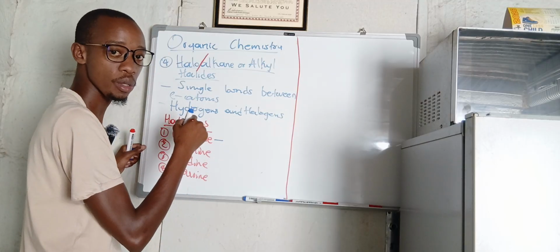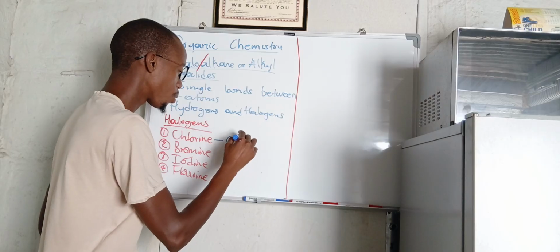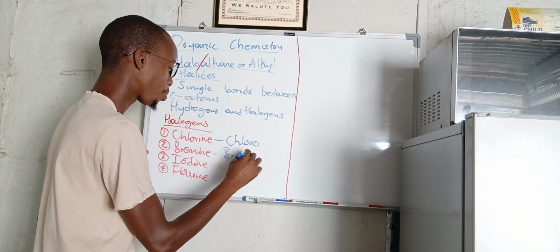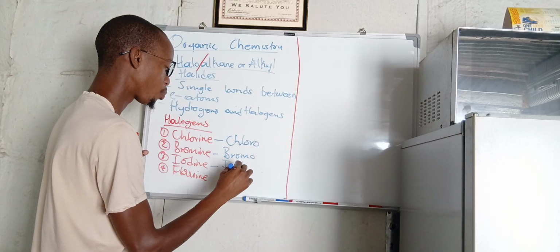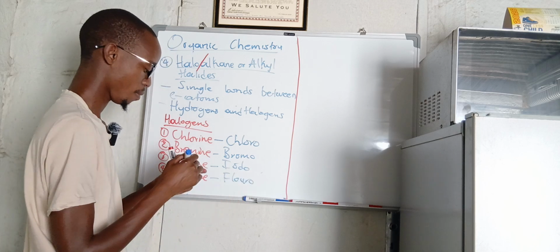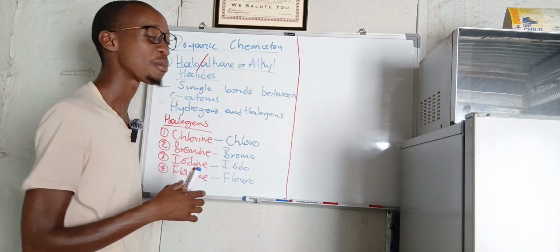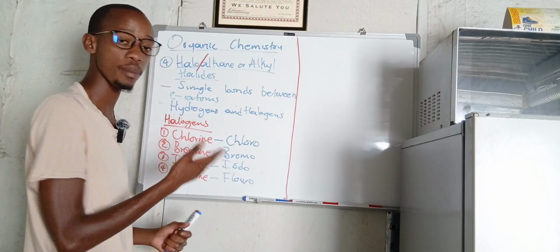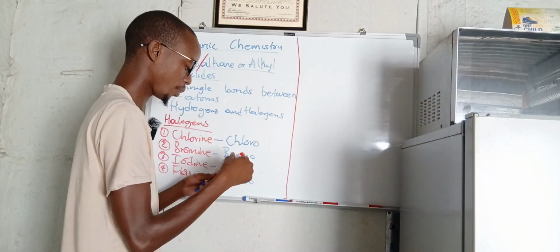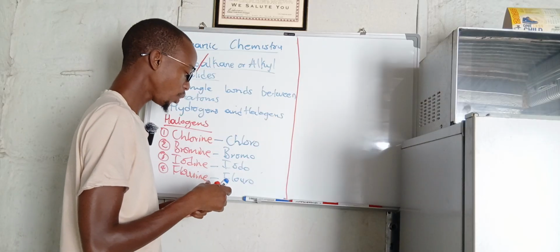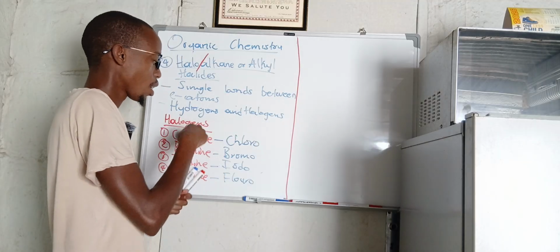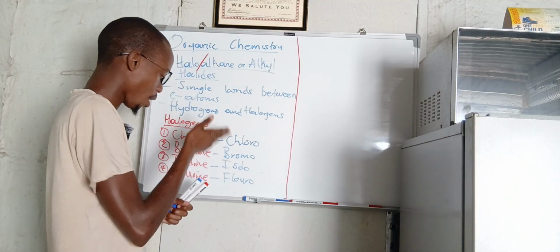When we come to this particular topic, chlorine we will be calling chloro. Bromine will be bromo. Iodine, iodo. Fluorine, fluoro. If I were to explain where these things come from, we'll be having a long day. But this simply means, because they are the ones that have negative charge in it, in simple words. So now, what we need to do is to show you the structure that will include these halogens.